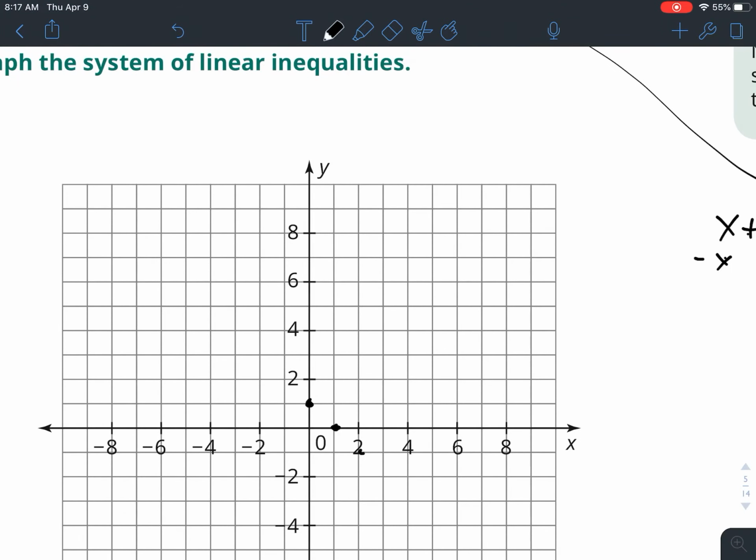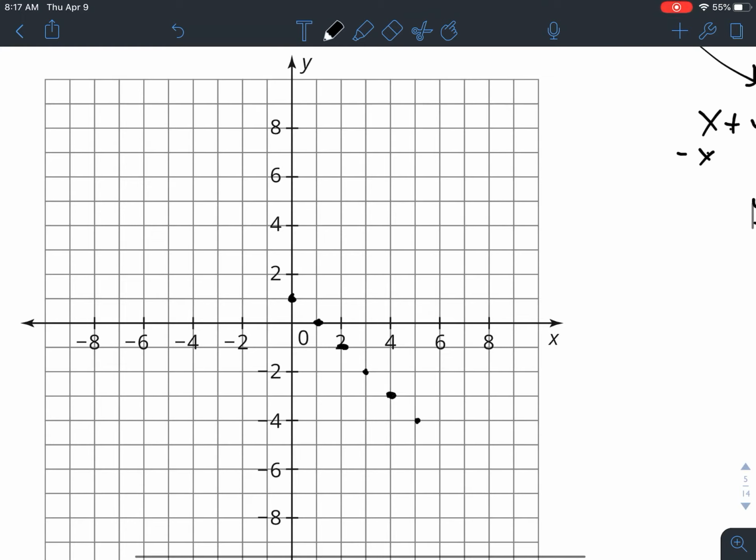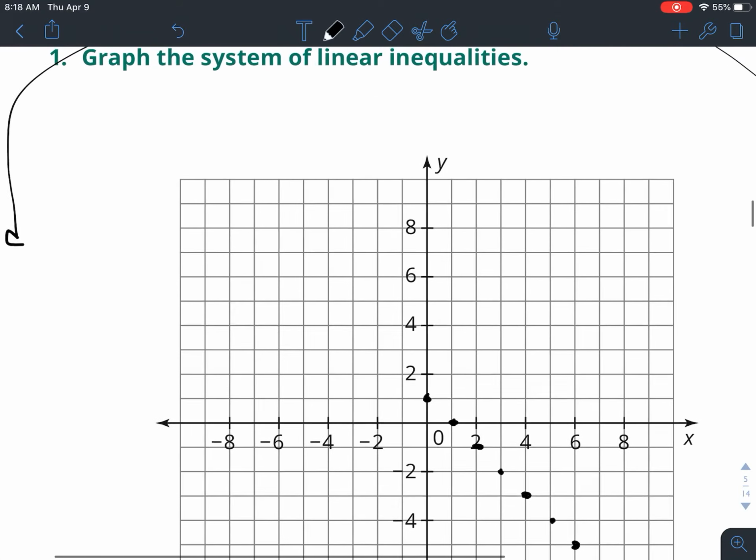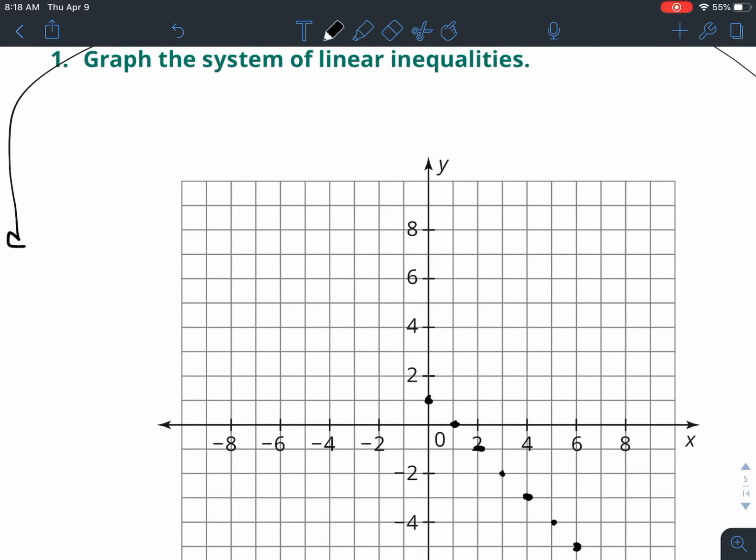So we go every one spot and put a dot. Going downhill, we go right one, down one, right one, down one, all the way down till we can't go anymore. Going up, we go up one, left one, up one, left one, and so on.